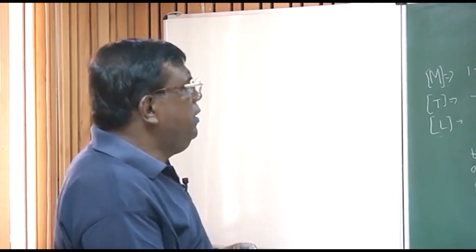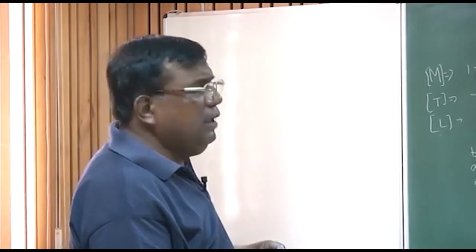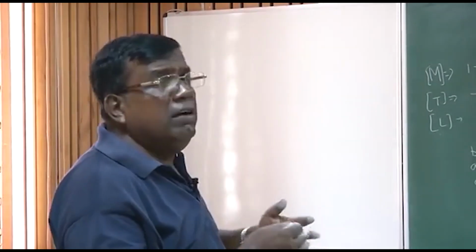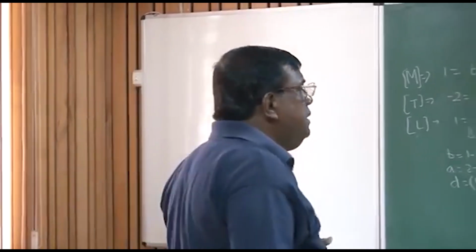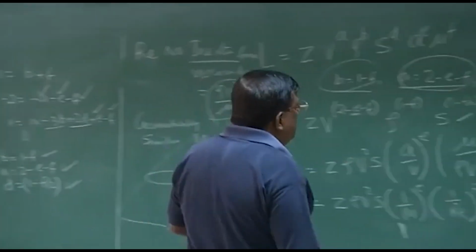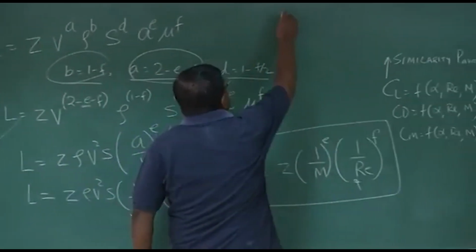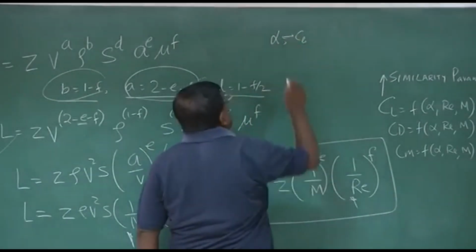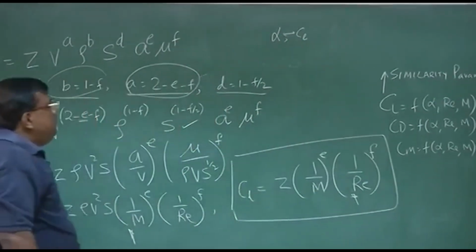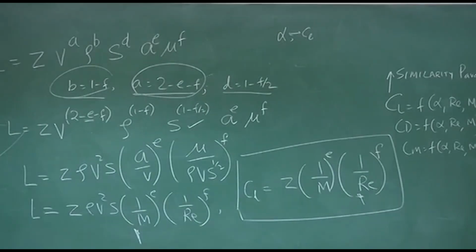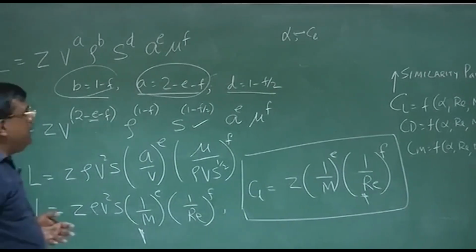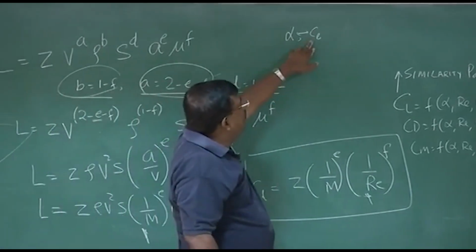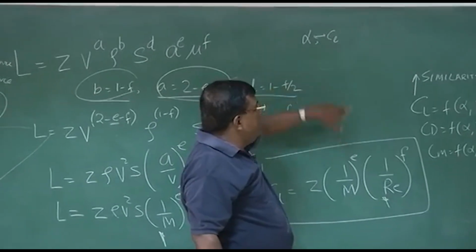And since most of our lectures are low speed, we are talking more of Reynolds number. But yes, this tells us that if I want to know how CL is changing at a given alpha, I have to be very, very clear that the variation will depend upon what is the Mach number, what is the Reynolds number.